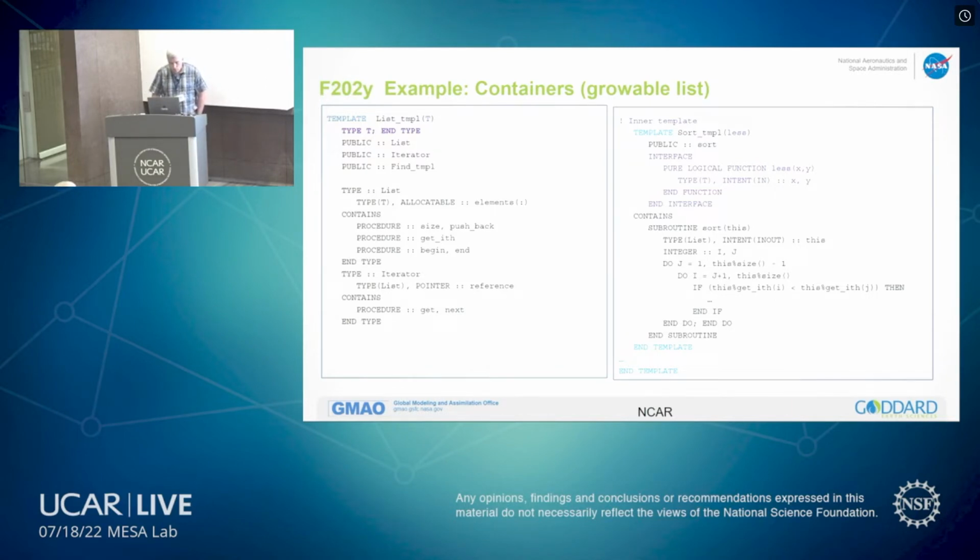I've also thrown another trick into here. I've got an inner template. I wanted my vectors to be sortable, so I've written another template inside of it, sort, that takes one parameter. It's a comparison operation, less, which tells me whether or not one number is less than another. Now, what I could have done is made less a parameter on the original, outer template, as it were. But the problem is that some people may not care about the sort function. They don't want to have to define a less operation for their derived type.